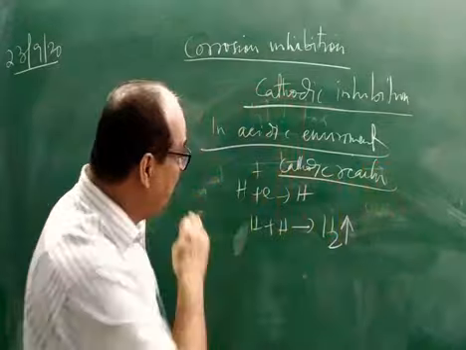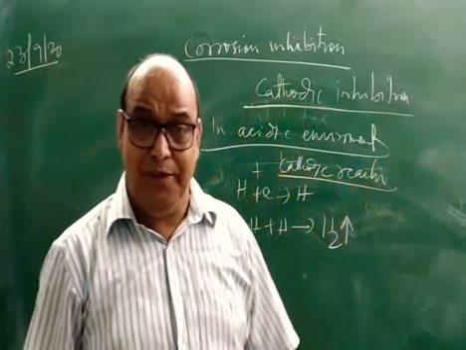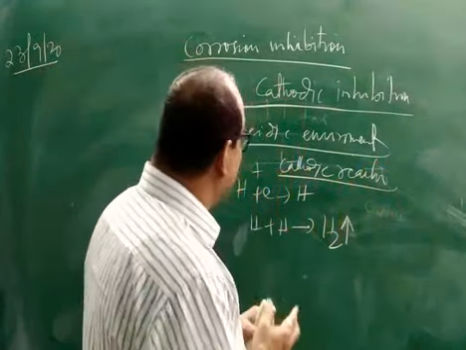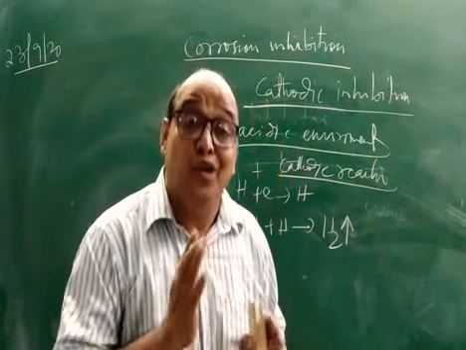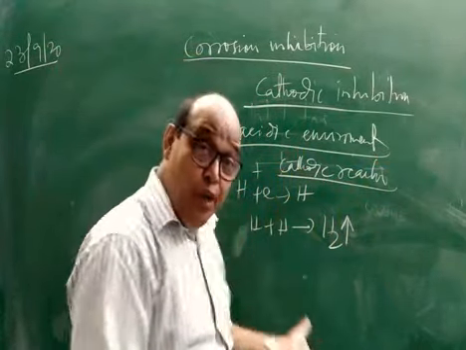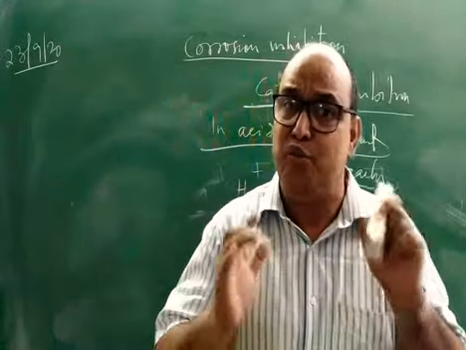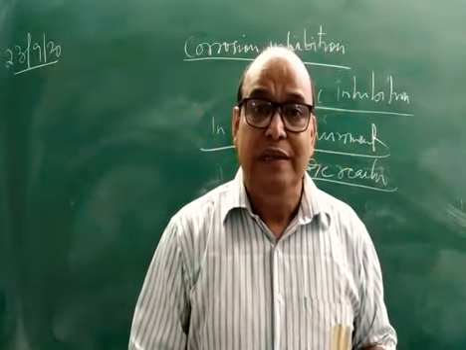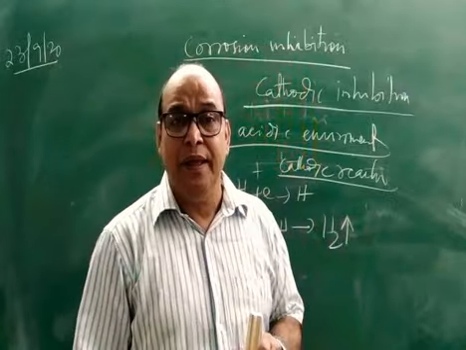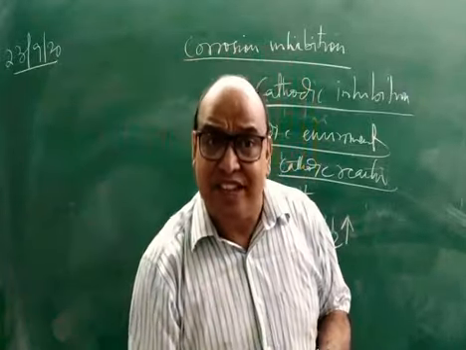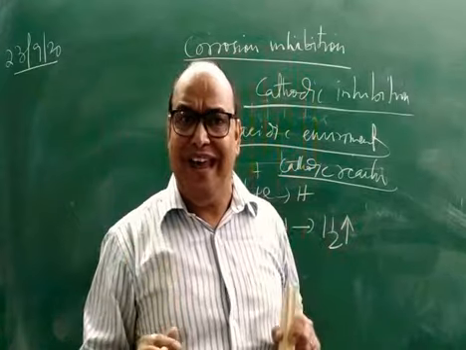If you analyze the reaction very carefully, the rate of corrosion can be controlled by reducing the diffusion of H plus at the cathode. This is one way. Or by increasing the overvoltage of hydrogen evolution. Try to understand that.